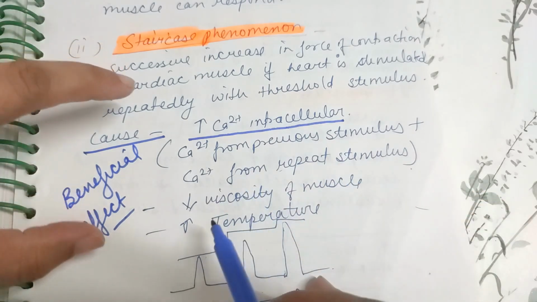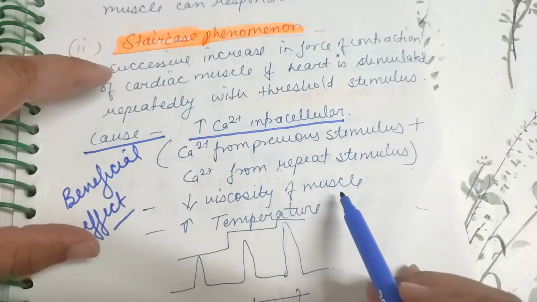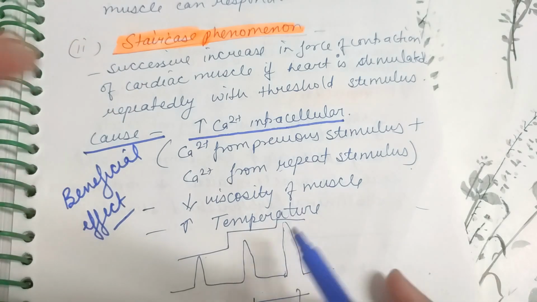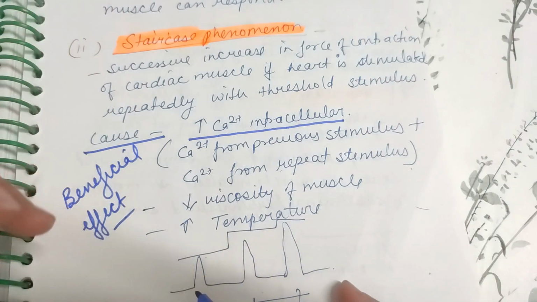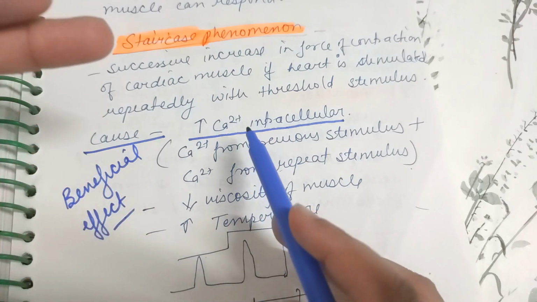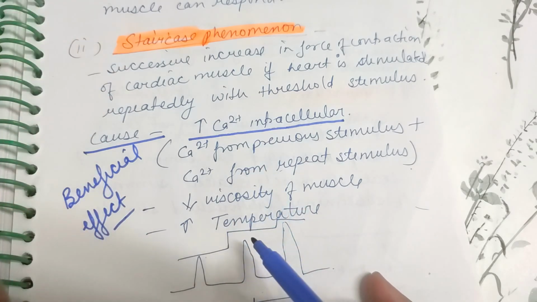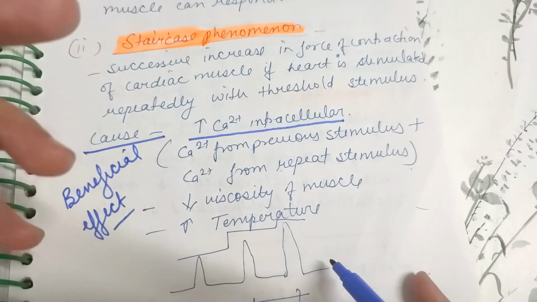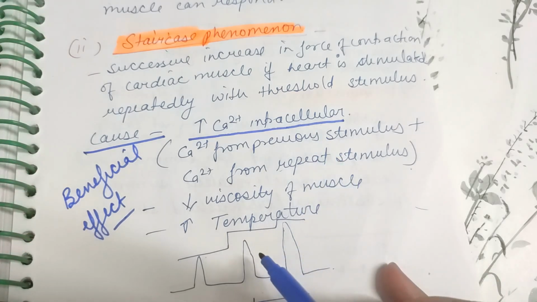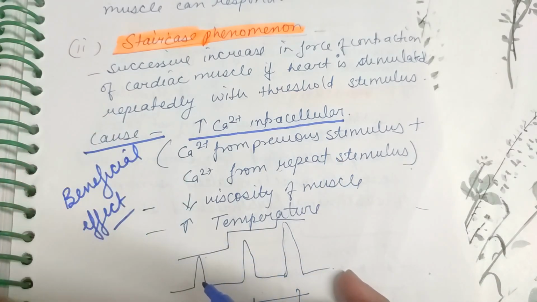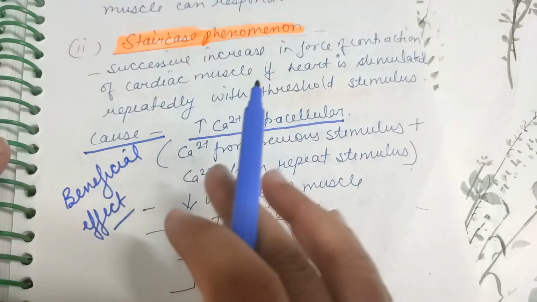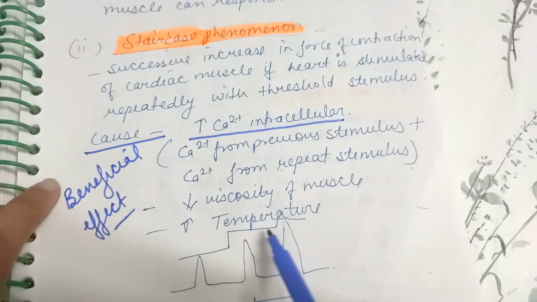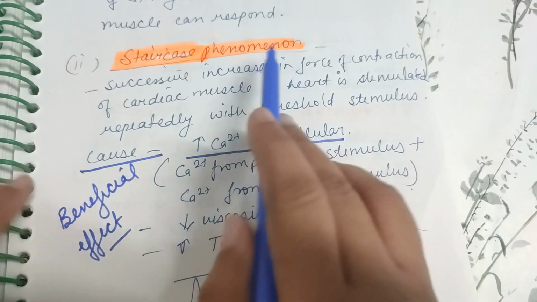Second, there is reduced viscosity of the muscle, so resistance is less because of the previous contraction. There is also higher temperature because of the previous contraction. Because of all these reasons there is an increase in the force of contraction every time. So the second stimulus gets benefited because of the first stimulus, and that's why we call it the beneficial effect. This phenomenon, which resembles a staircase, is called the staircase phenomenon.